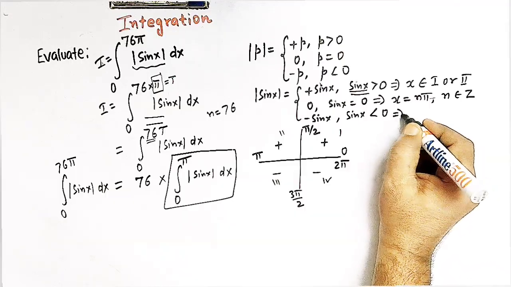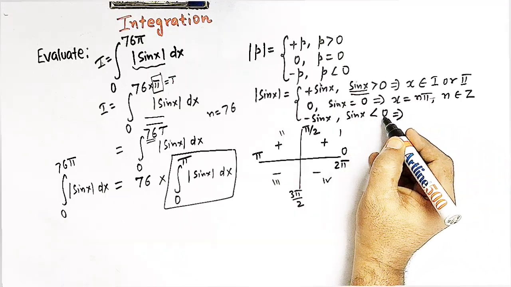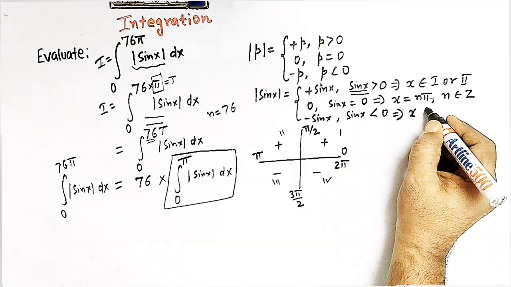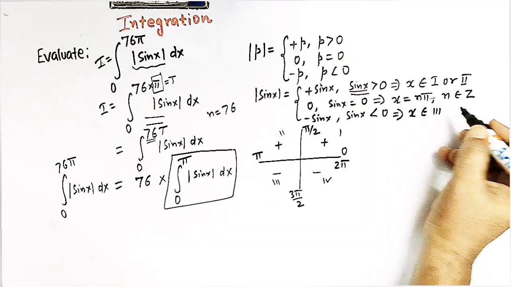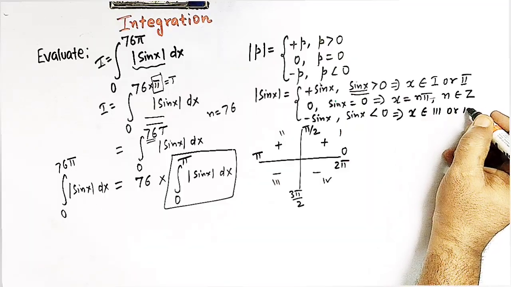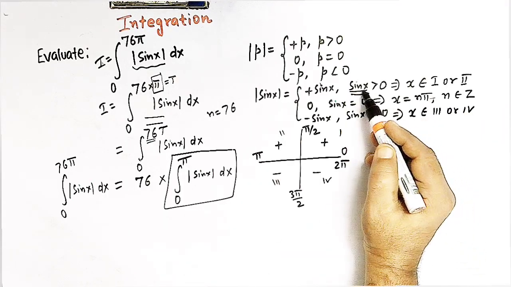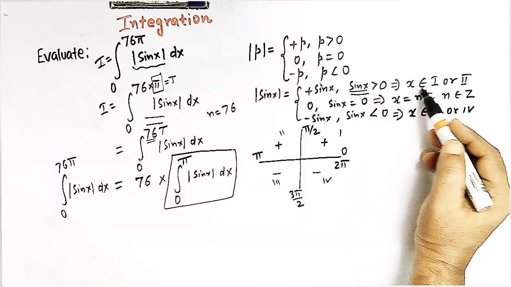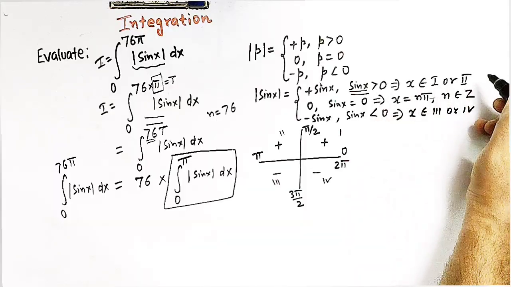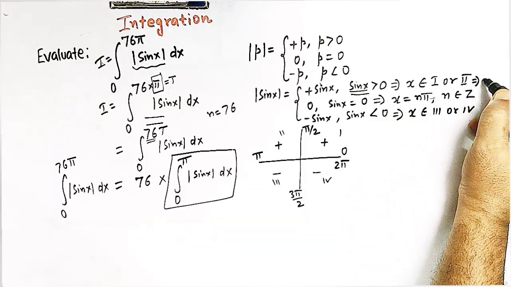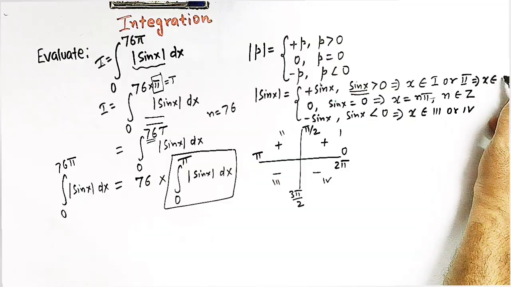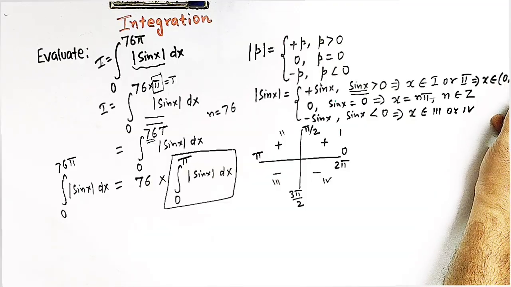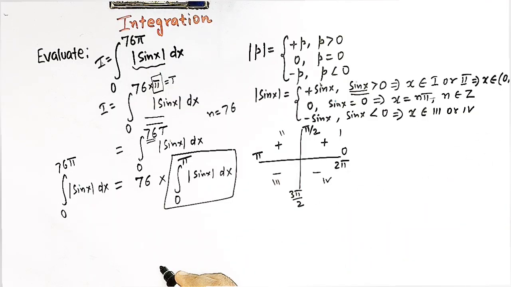So from here we can now write sine x is less than 0 when x belongs to either the third quadrant or the fourth quadrant. So sine x is greater than 0 when x belongs to the first or second quadrant. So we can now write, when x belongs to the interval from 0 to pi, right?